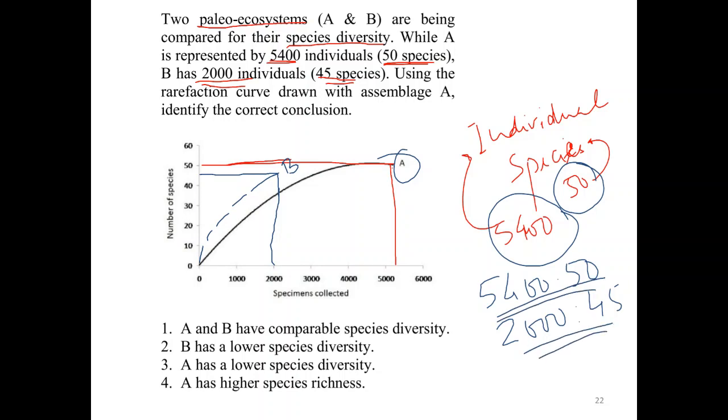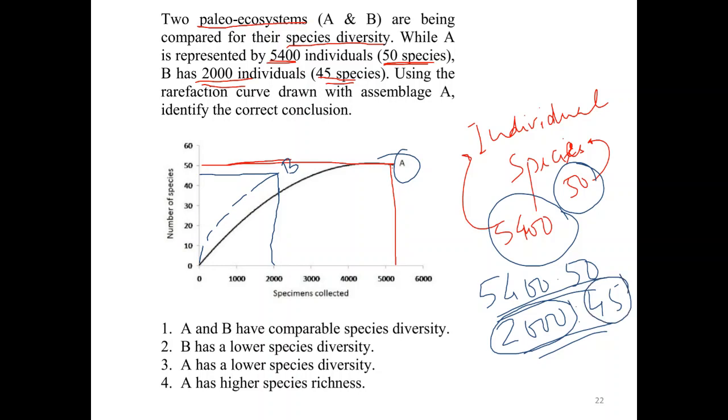then what do we get? We get that in case of A, the number of individuals is higher, and of course species is also good, it's 50 species. But when we compare it with B, we find that the number of individuals is much less, and as compared to that, the number of species is still very high.